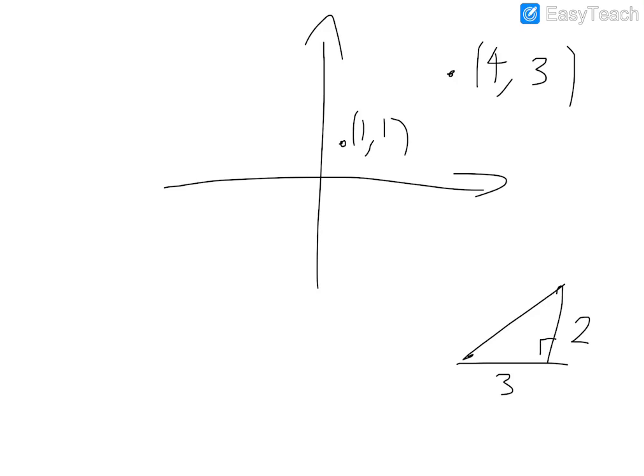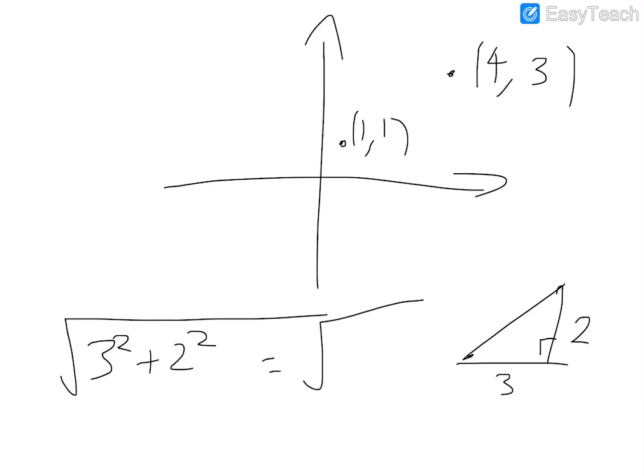And then a squared plus b squared equals c squared, so the distance here is equal to the square root of 3 squared plus 2 squared, which equals the square root of 13. And maybe that's not a nice number, but then you have it. The distance between these 2 points is the square root of 13.